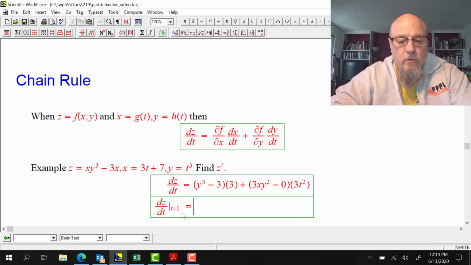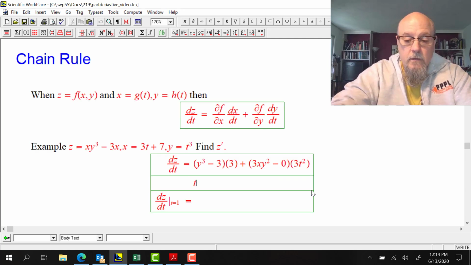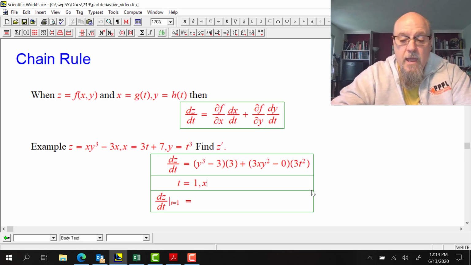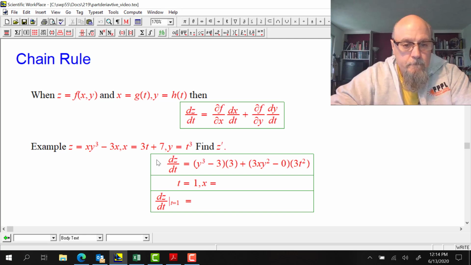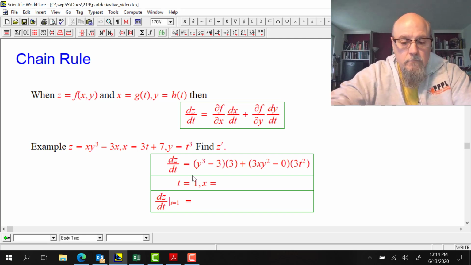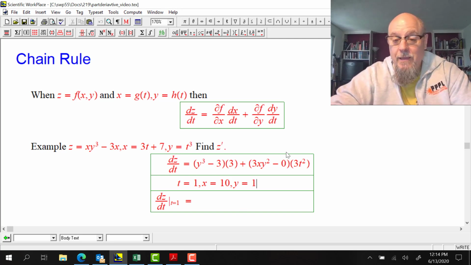I know what t is, but what's x and y? Well, I could use the formulas to figure that out. When t is equal to 1, x is equal to 10, and y is equal to 1. Now I have values to plug in here.